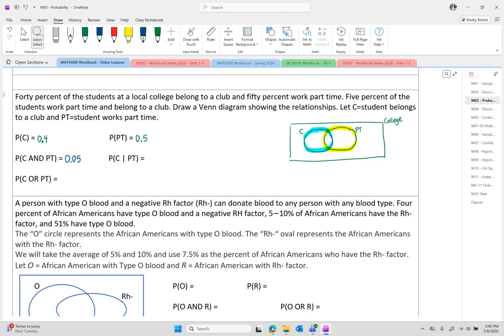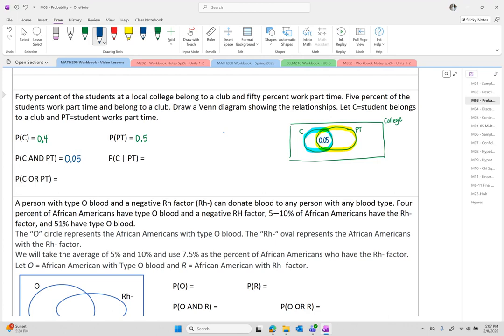I think I'm going to have to move these. Actually, let me just stretch them a little bit. Nice. And then let me try this one. All right, now that I know that in here I have 0.05, 5%, I now know the remaining areas for club and part-time.